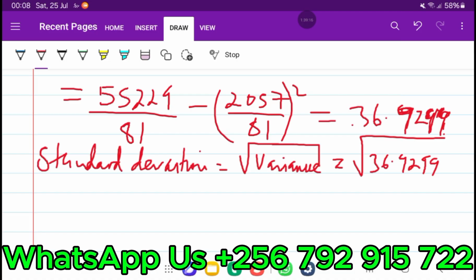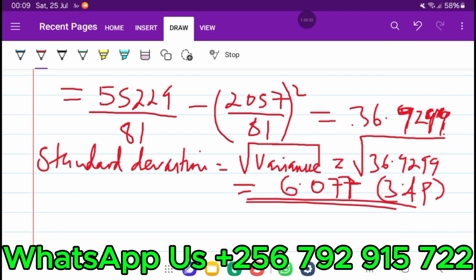Then you get the square root, it's around 6.077. You can make it 3 decimal places. Now we have gotten that one.